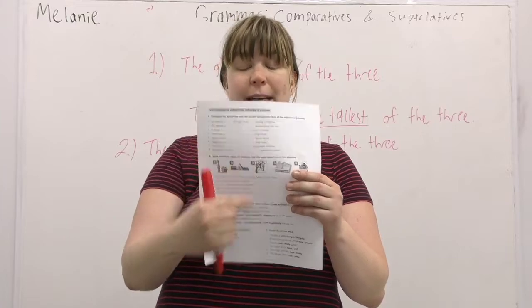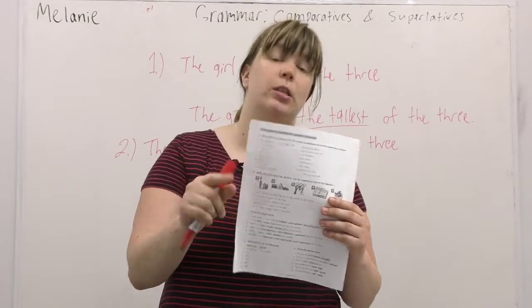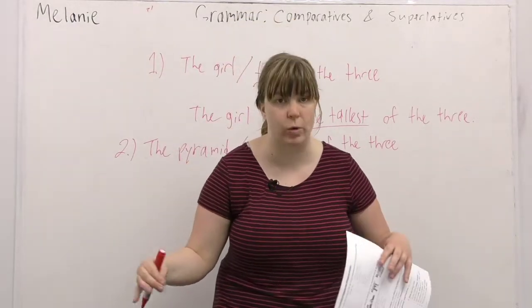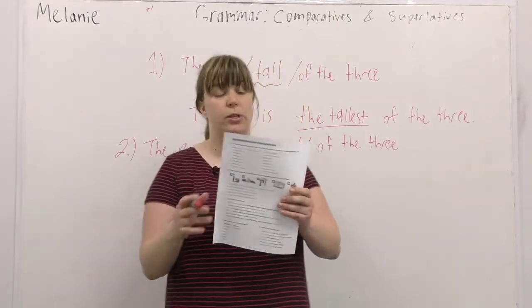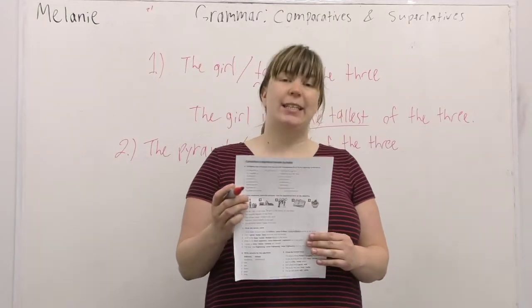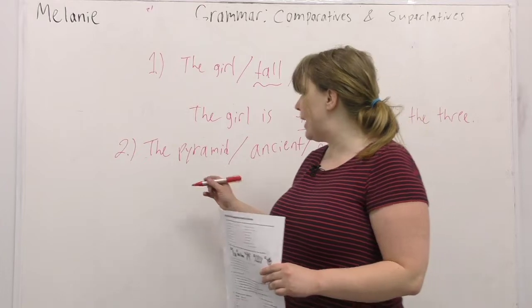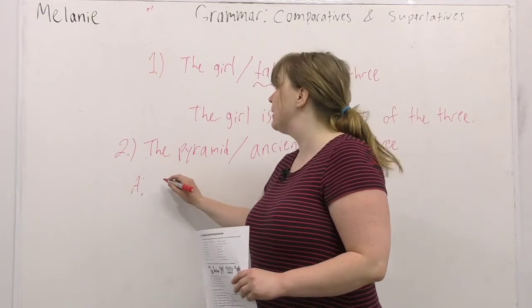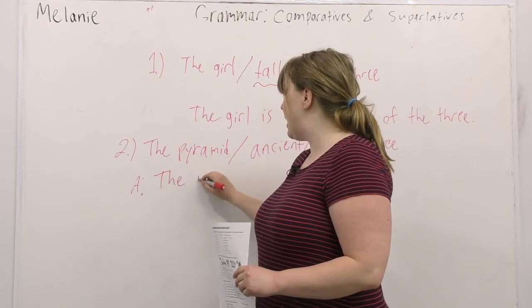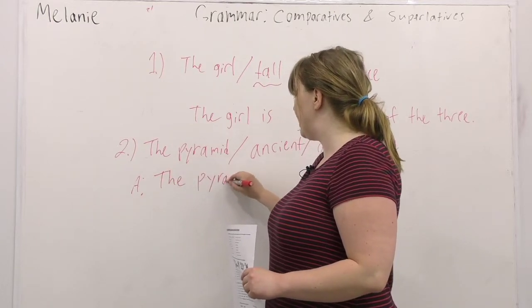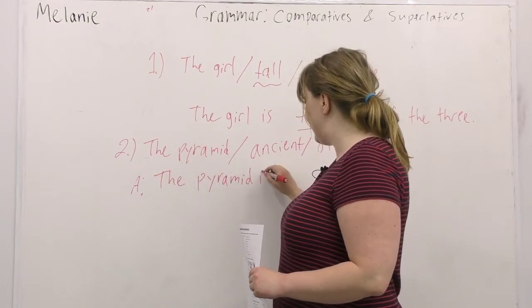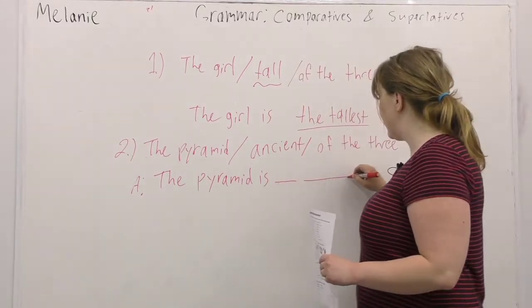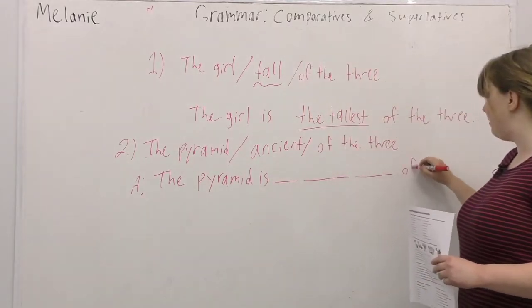Now, pyramid, number 1, ancient. Ancient means old, like really old. So, what do we want to say? I'm going to help start you off. So here's the answer, or part of the answer. The pyramid is of the 3.